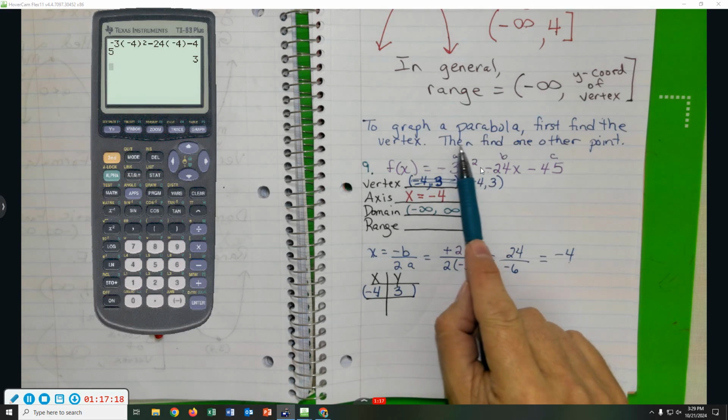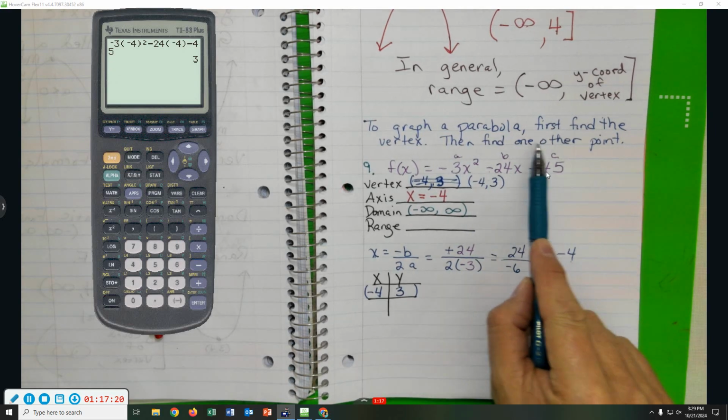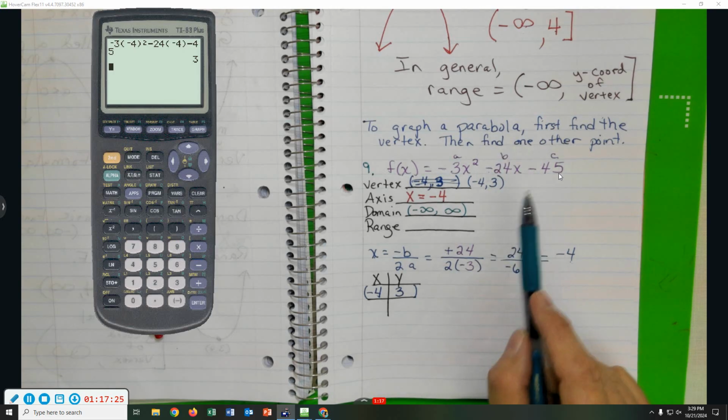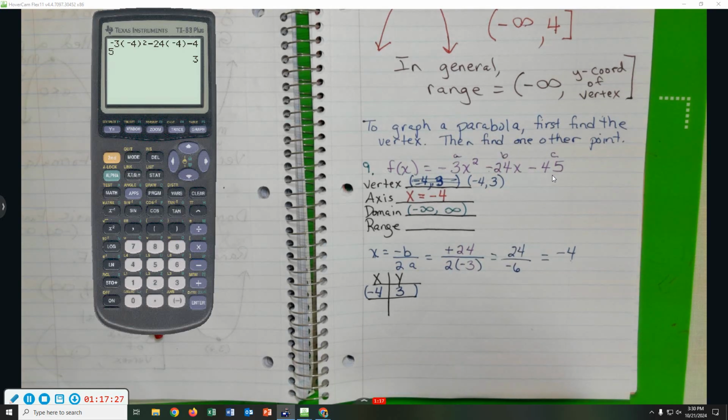I'll plug in a 0. 0 minus 0 minus 45. I'm getting a negative 45. Do you think that they'll let me count down 45 units on the grid they give me? Mm-mm. So while I could plug in a 0 and get the ordered pair 0, negative 45, that's no good because I'm not going to be able to plot it.